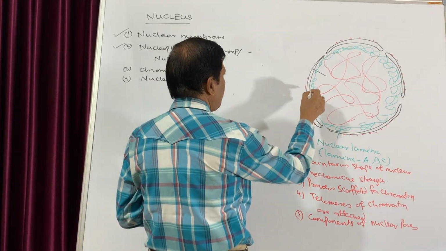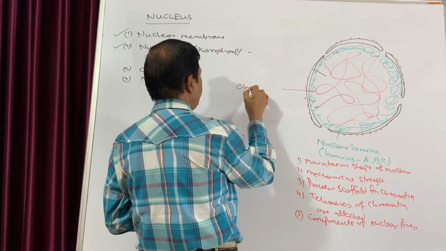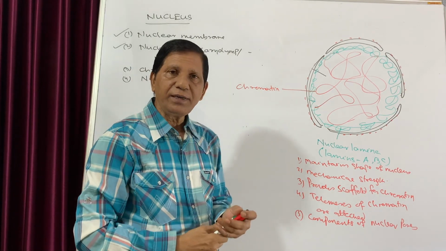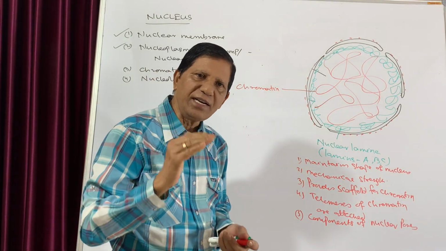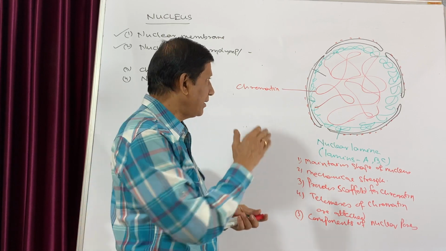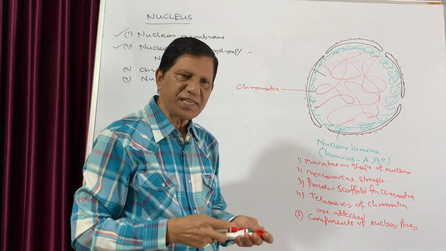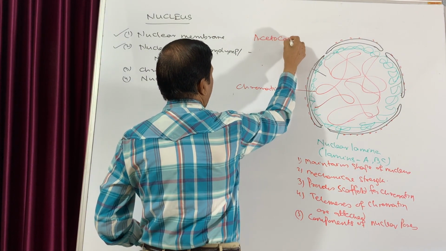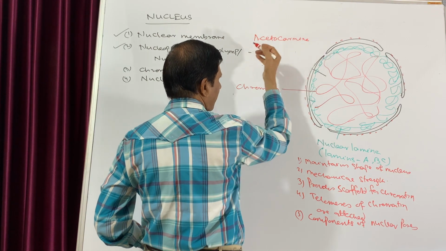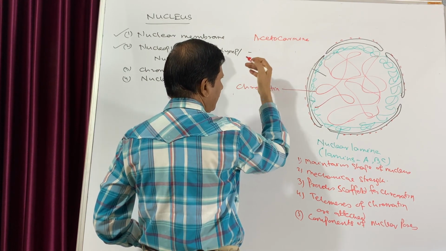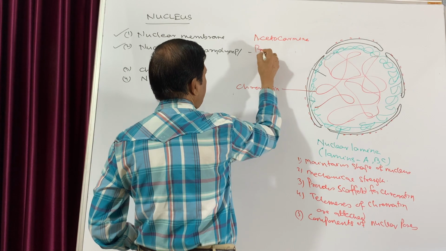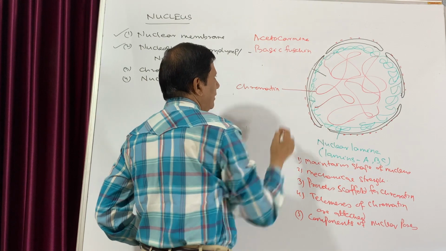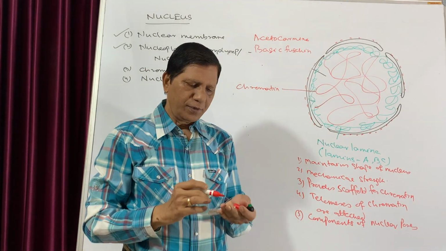This chromatin is studied only at the interphase stage, and it takes basic stains like acetocarmine or basic fuchsin, and then the chromatin gets colored.